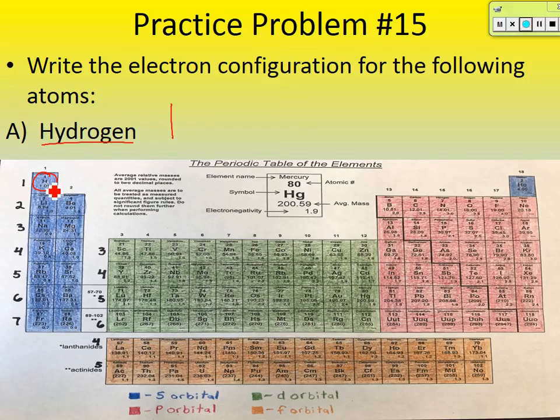Which orbital are we in? Because that's the letter. This corresponds to the s orbital. So we're in the s orbital. And how many electrons can fit in the hydrogen atom? Well, there's just 1 electron because this is the 1s box. So this is how you write the electron configuration for hydrogen, 1s1.